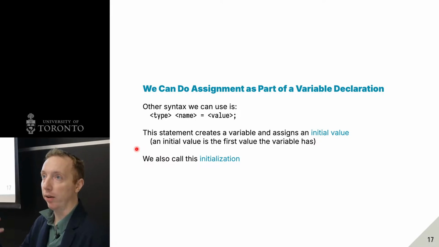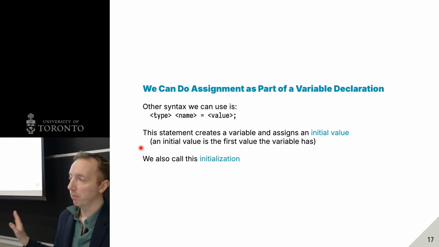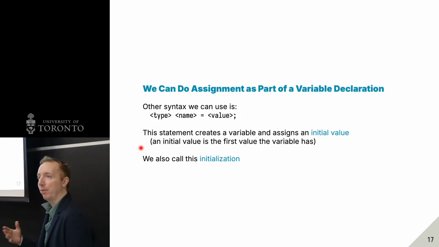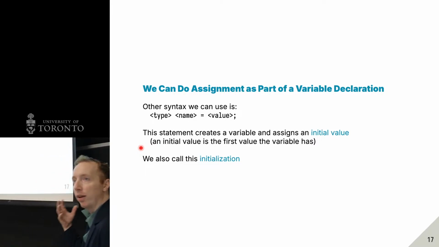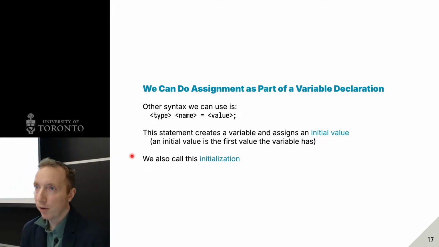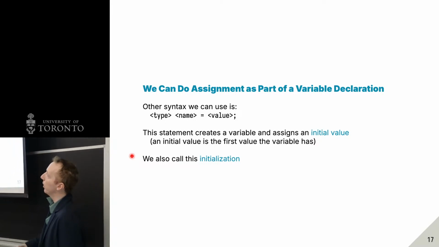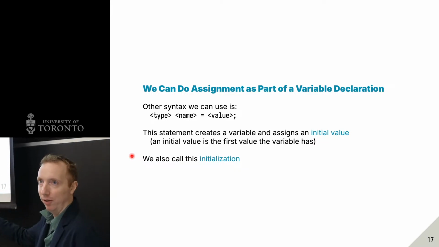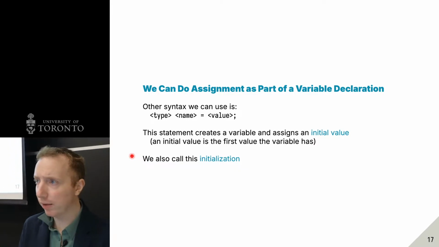So that is the first value that variable has. It's just another fancy name. We like giving fancy names to things. So whenever you see initial value, that's just the first value that variable has. Also, if you want to be fancy and speak like a software engineer, you would also call this initialization. So I initialized it to 1, or I set the value to something.